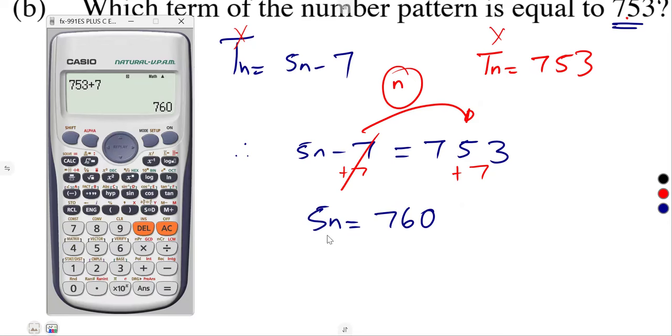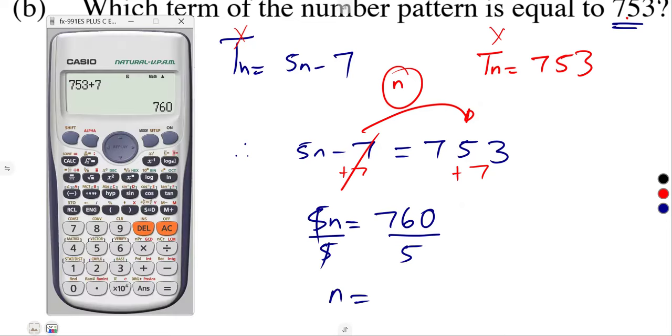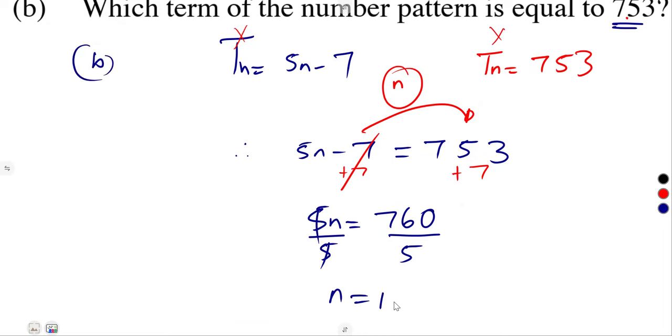So what will be our n? Divide by 5. Our n is 760 divided by 5, which gives us 152.